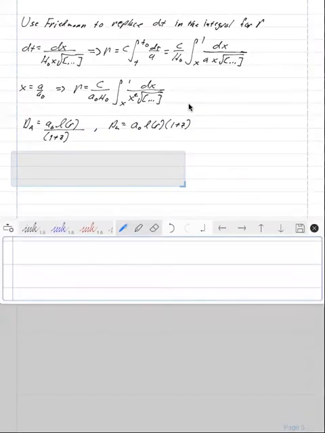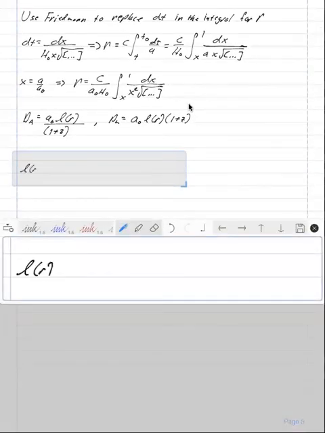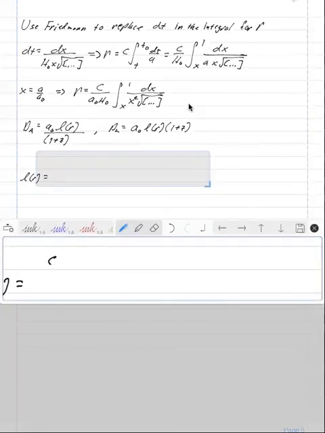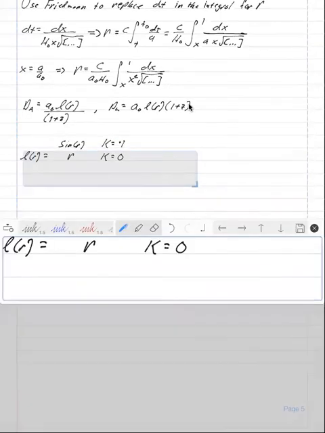All right, there's one other main trick when calculating this L of r. I'll highlight it here. So let's write down this function L of r again. It's sine of r for k equal to +1. It's r for k equal to 0. And it is hyperbolic sine of r for k equal to -1.